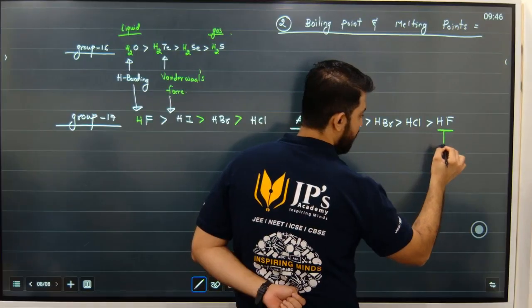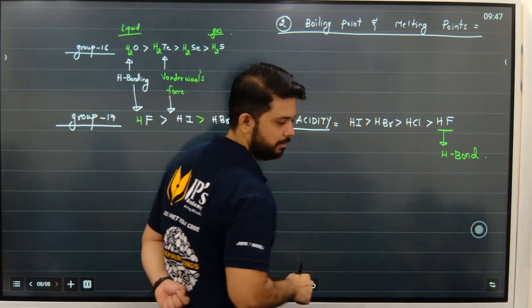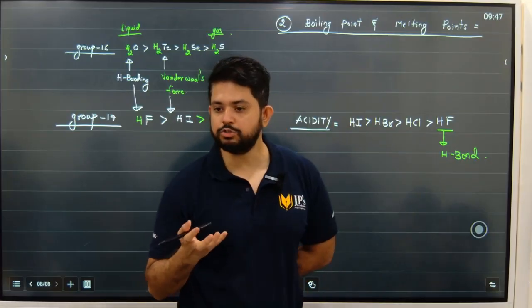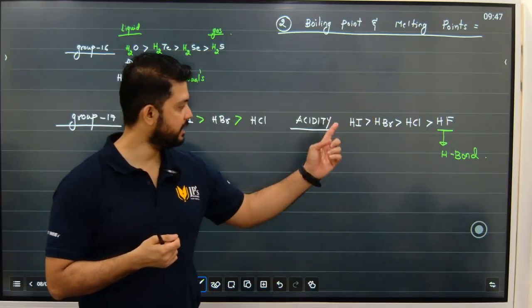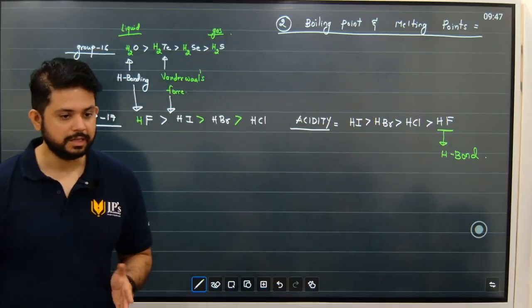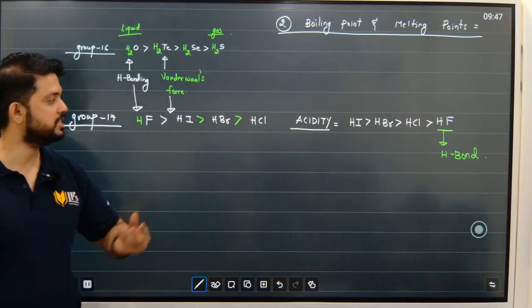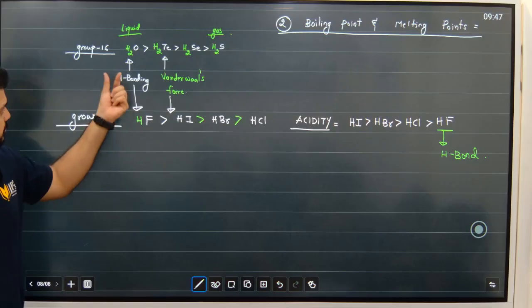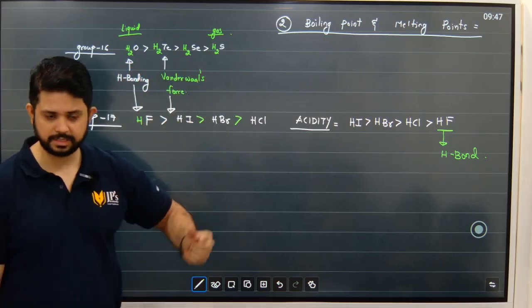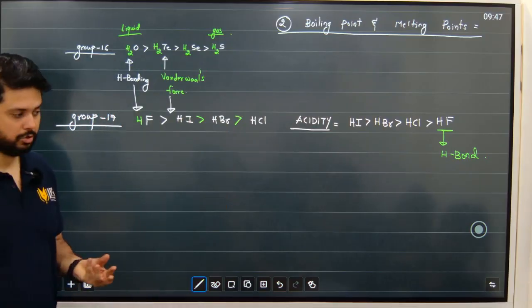HF has, because of that H bond, H plus is not that easily released, and HI bonding itself is very weak, there is no hydrogen bonding, and hence H plus in HI will be easily released. Did you people get that? Also remember, I repeat, H2O is a liquid, H2S is a gas. Hydrogen bonding also affects the state of the molecules.